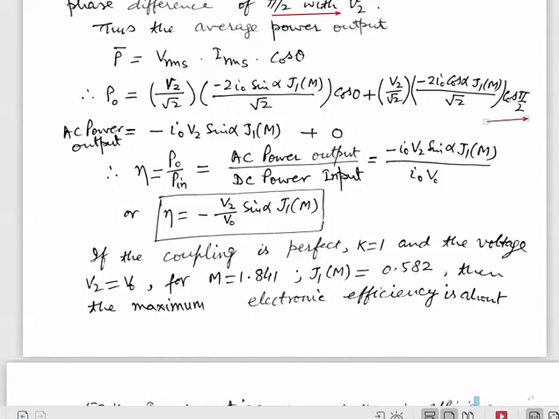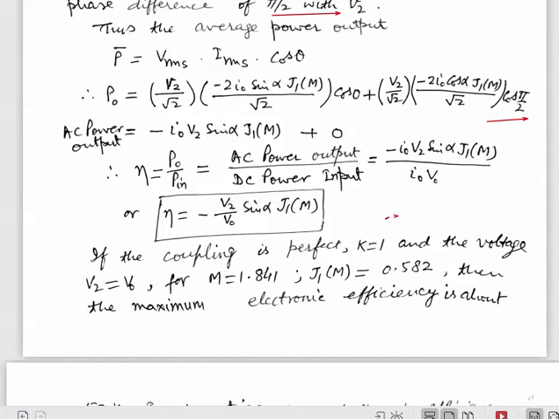So this efficiency comes out to be eta equal to minus V2 upon V0 sin alpha into J1M.